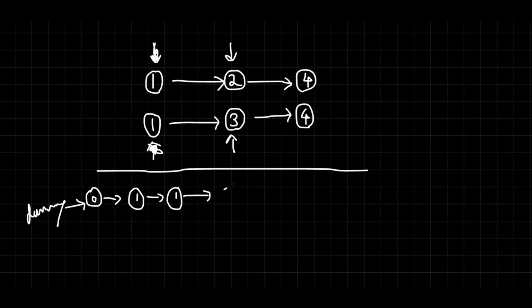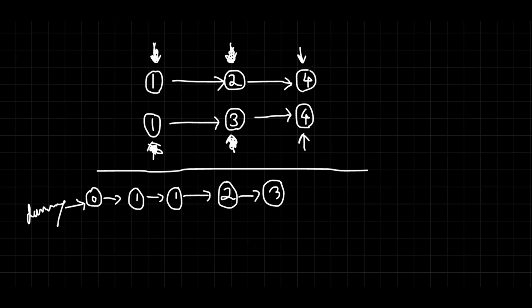So we have to add 2 here and update our first pointer to the 4. And we see that the second pointer value 3 is less than 4. So we have to add 3 here. Now we have to simply update the second pointer to 4.